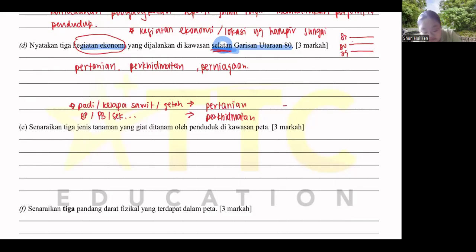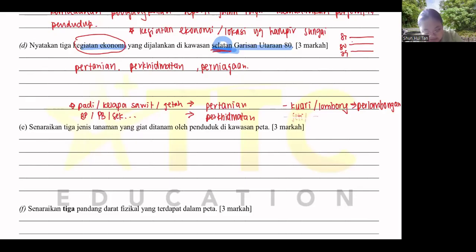And then if you see quarry, the buildings, okay, quarry or kawasan lombong, then the activity is perlombongan. Okay, if you see jetty or river, lake, sea, you can say what?